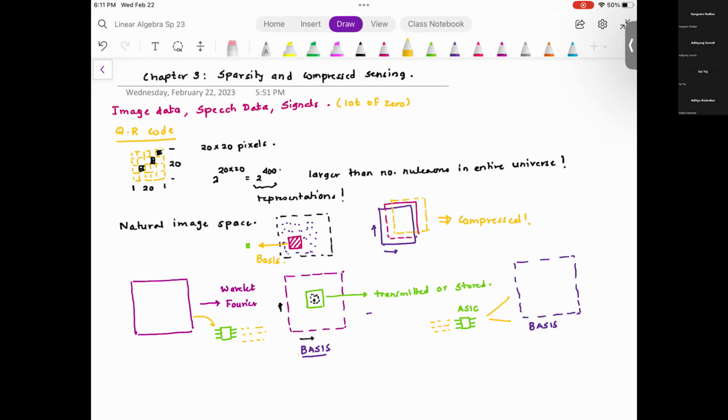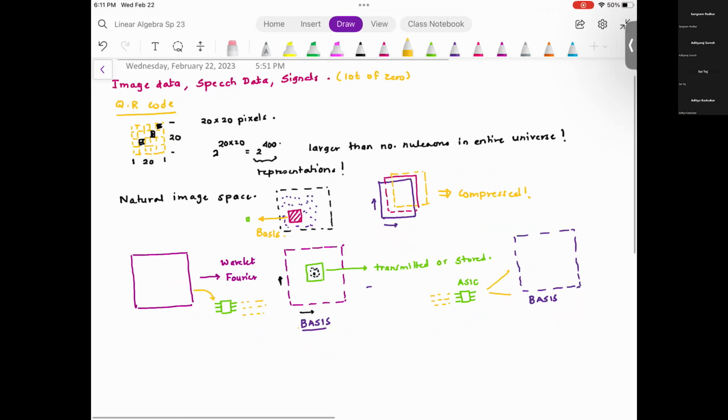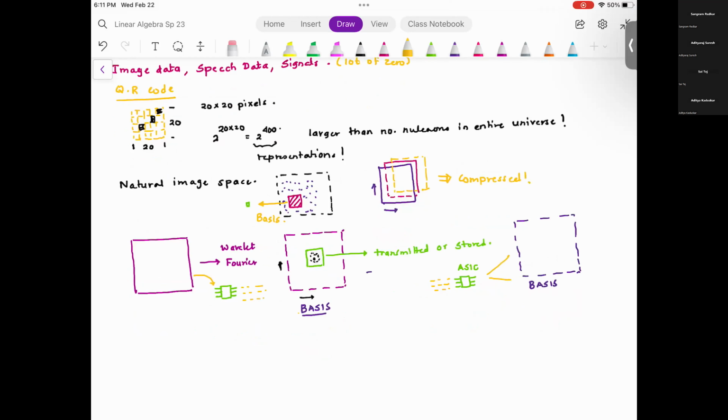That makes this transmission extremely efficient, and essentially you are just passing the required, or the most important, data from point A to point B, and that is the basis for compression. You can do the exact same thing with a wavelet transformation. You can do something similar with any other orthonormal basis.